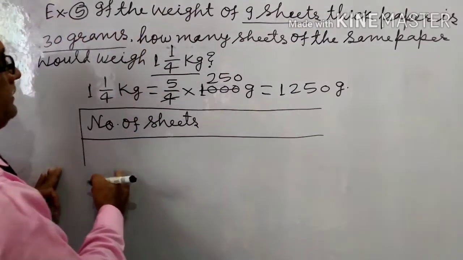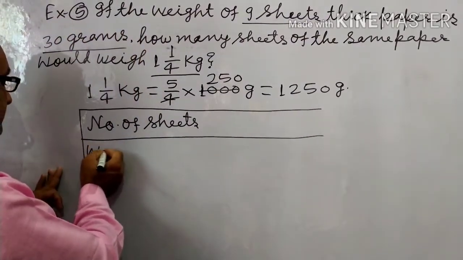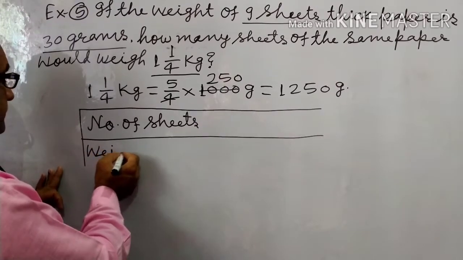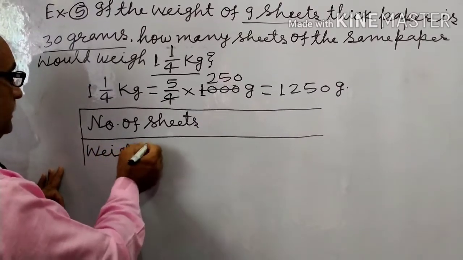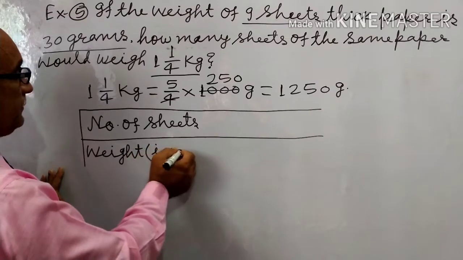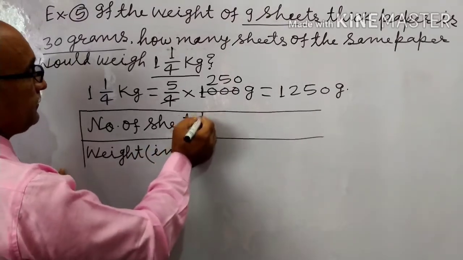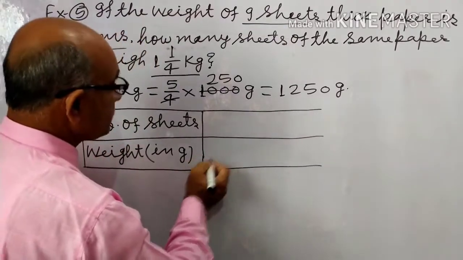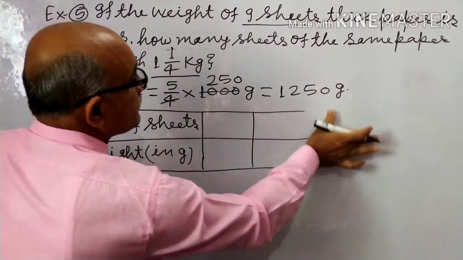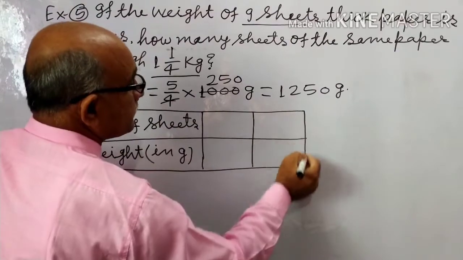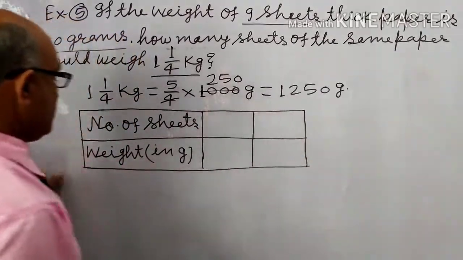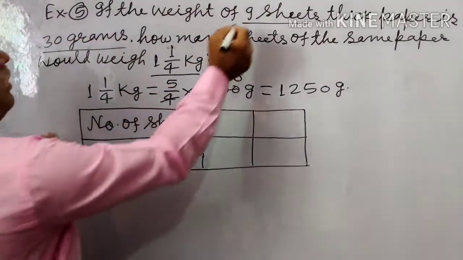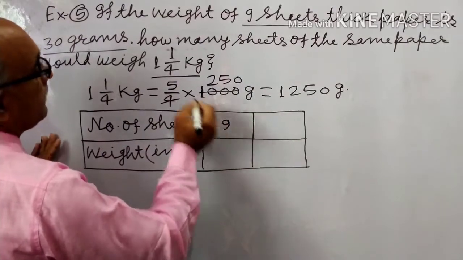And second column write weight. Weight in grams. So number of sheets is 9.